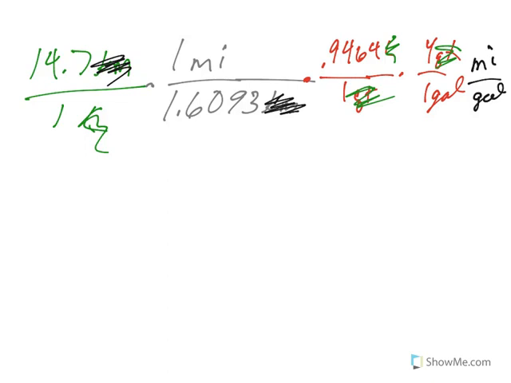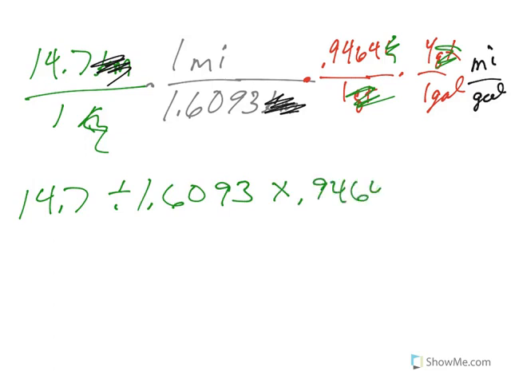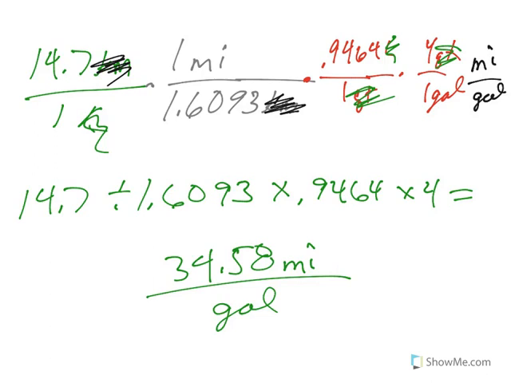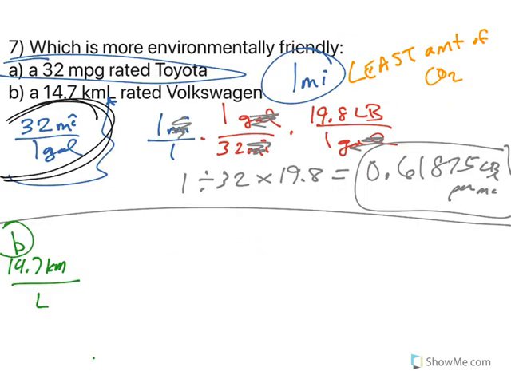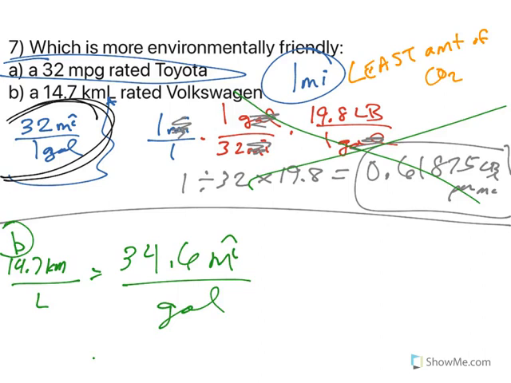So I take 14.7 divided by 1.6093 times 0.9464 times 4, and that gives me 34.58 miles per gallon. And honestly, at this point, maybe I should have done this first. If this is about 34.6 miles per gallon, I don't even really need to find how much CO2. I kind of wasted time there. I could just compare my Toyota to my Volkswagen.